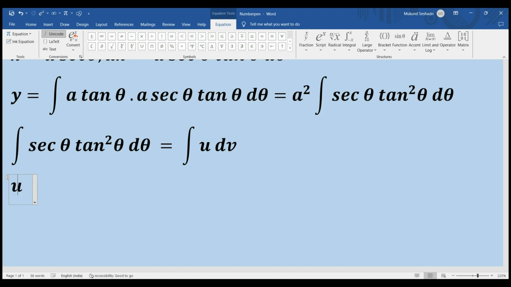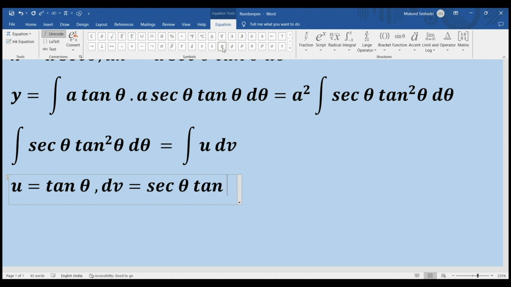Let's assume that my u equals tan theta, right? And my dv equals secant theta tan theta d theta, right? Why is that?